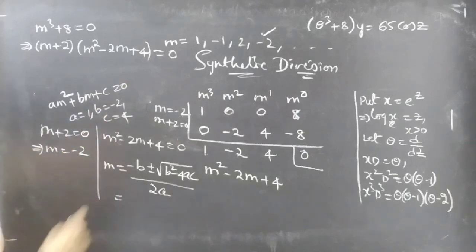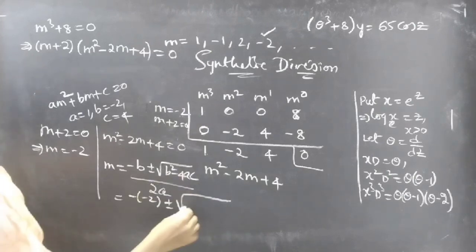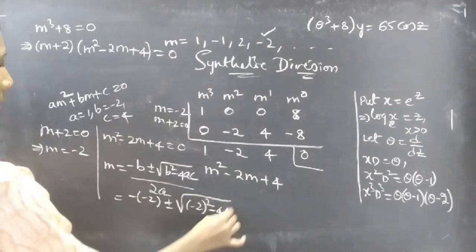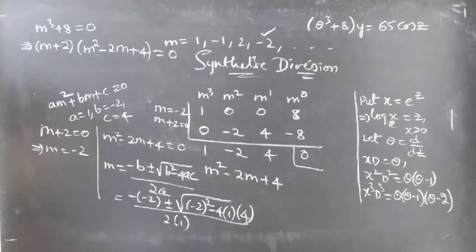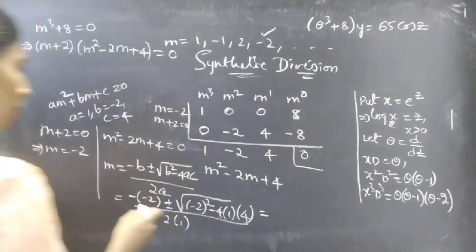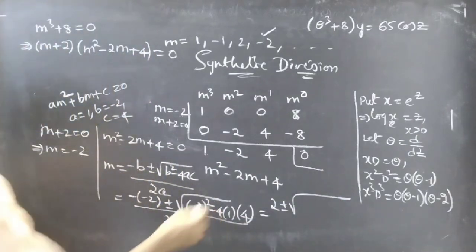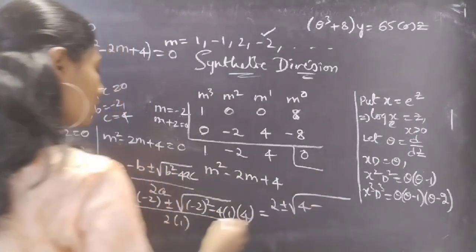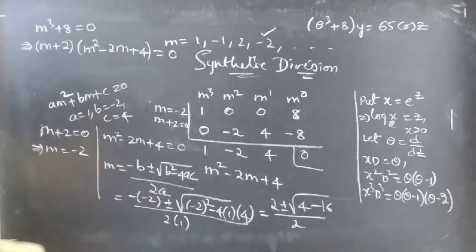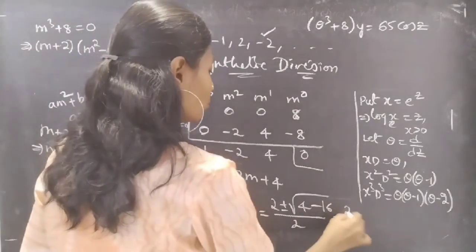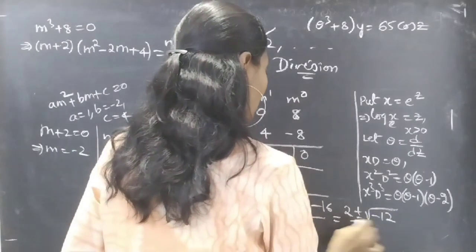Just place the values in this formula, we'll get m = (-(-2) ± √((-2)² - 4·1·4)) / (2·1), which equals (2 ± √(4 - 16)) / 2, which is 2 plus or minus the square root of 4 minus 16, that is minus 12, by 2.